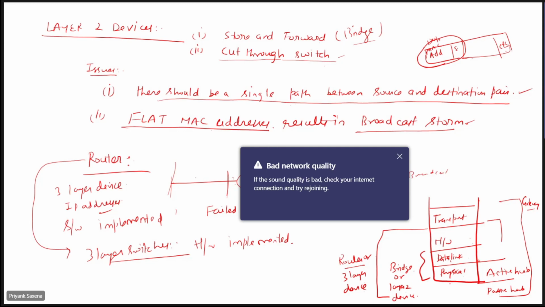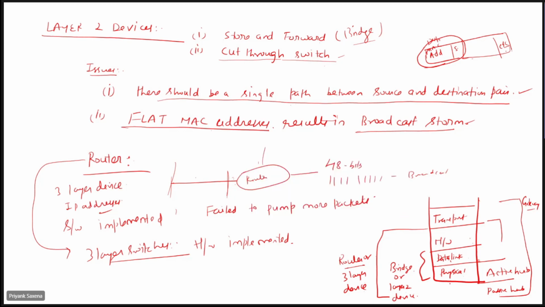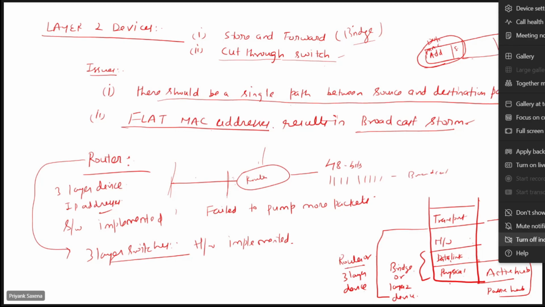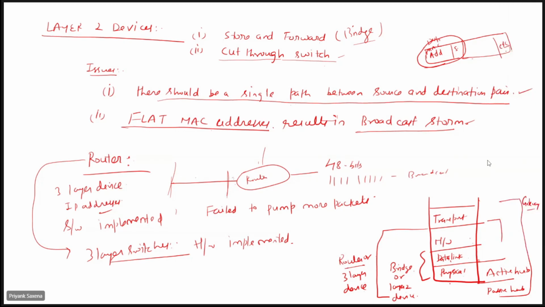So once you do it, even if some device is malfunctioning, this broadcast will be limited to only a single network. It will not create an issue for the complete network; it will only be limited to a portion.